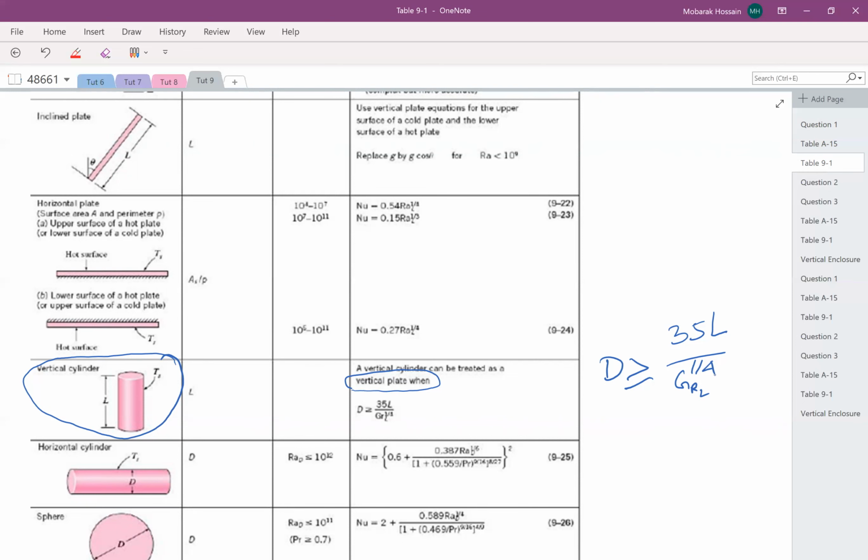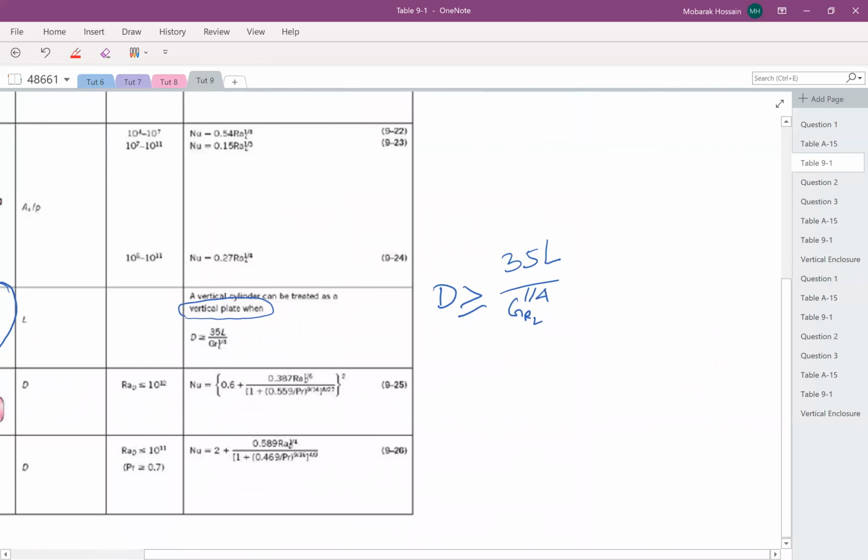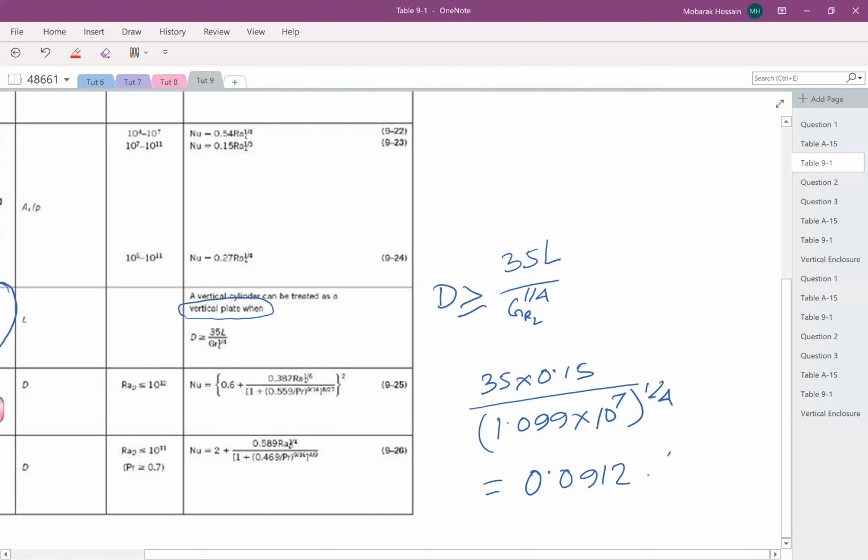Now we'll check this one. So here 35 times the length 0.15, and Gr_L for this problem is 1.099 times 10 to the power 7, to the power 1 over 4, and it is equal to 0.0912, which is less than the diameter.